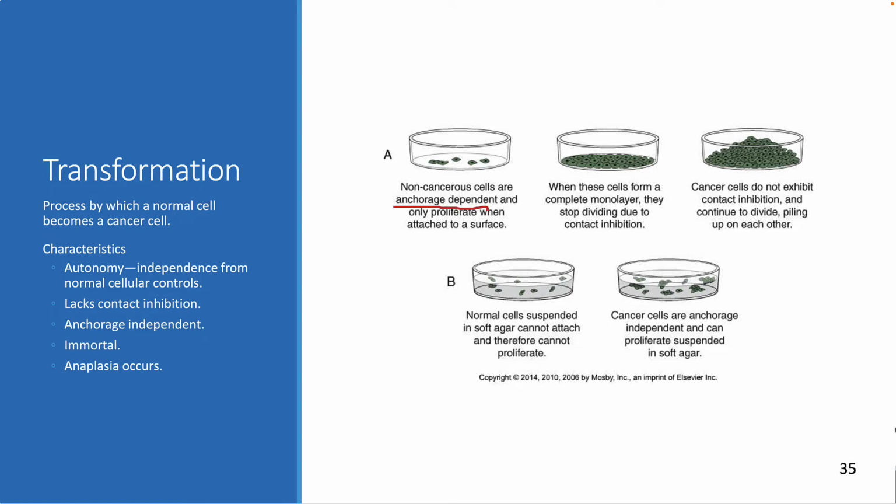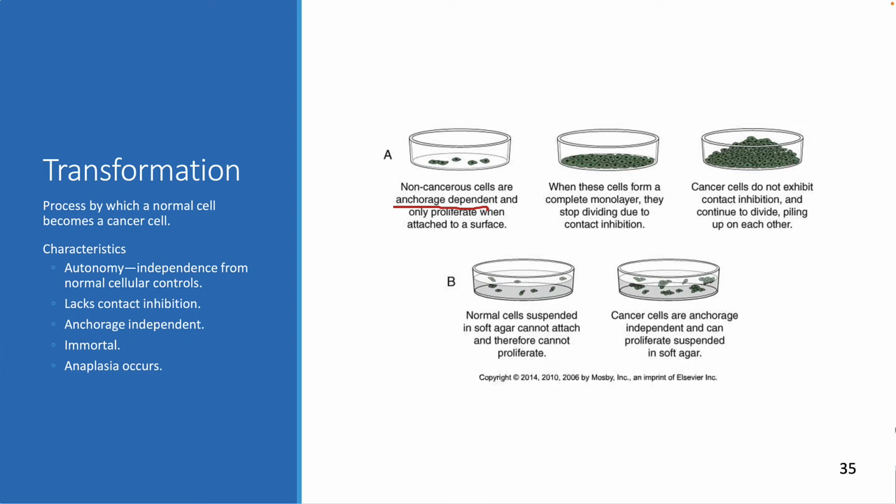In order for your normal tissues to grow, they have to have that cell-to-cell interaction. They have to have that protein that we talked about in the cellular biology chapter that tells them that they're part of the collective, right? But cancer cells don't need that.